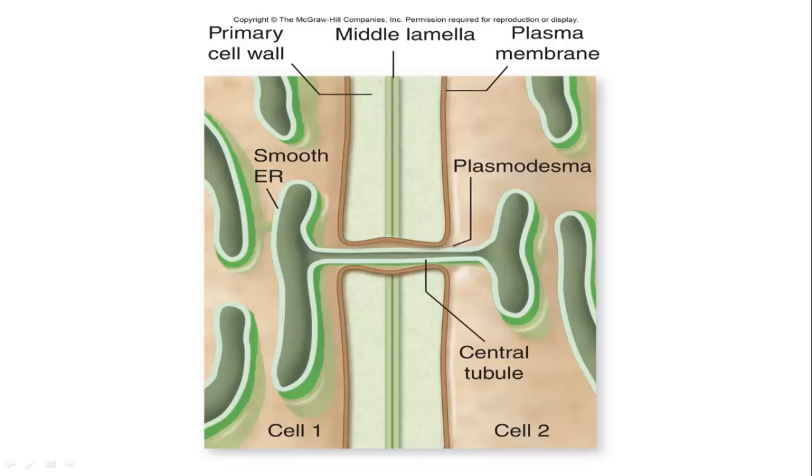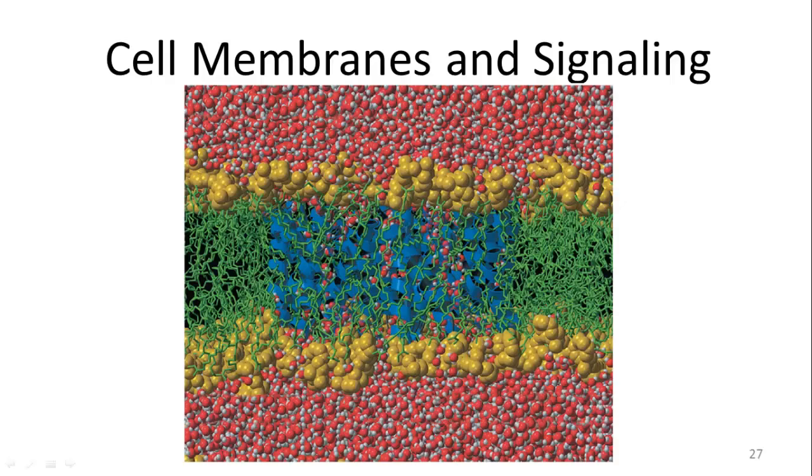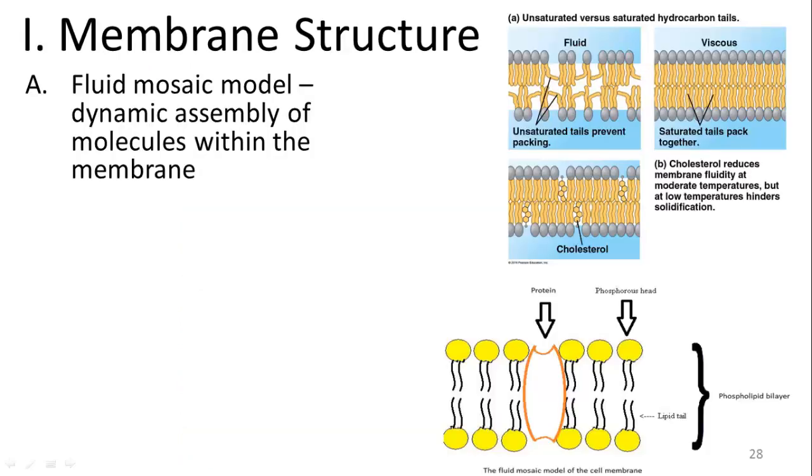Now we're going to talk about cell membranes and signaling. We talked a little bit about signaling, but a little bit more about how, especially in multicellular organisms, they're able to communicate. So first off, membrane structure. The fluid mosaic model is the theory for how a lipid membrane is organized.